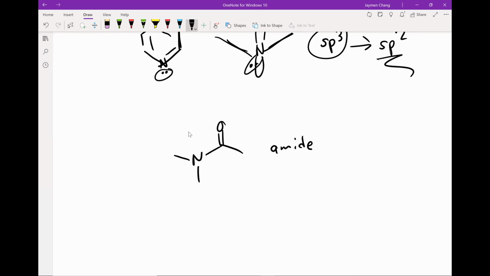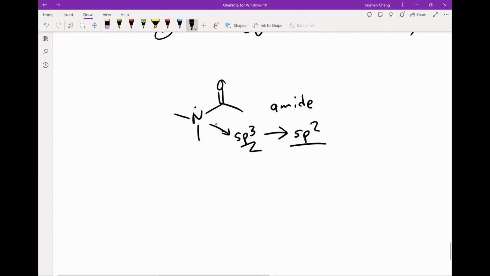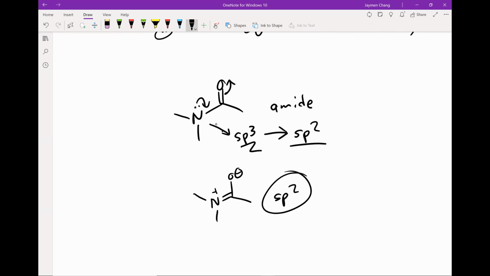You would guess that this nitrogen has sp3 hybridization, but actually it's going to have sp2 hybridization. And how we can determine this is, again, by drawing resonance. And we'll see that now it's become trigonal planar, it's become sp2. So this is actually an sp2 hybridization.